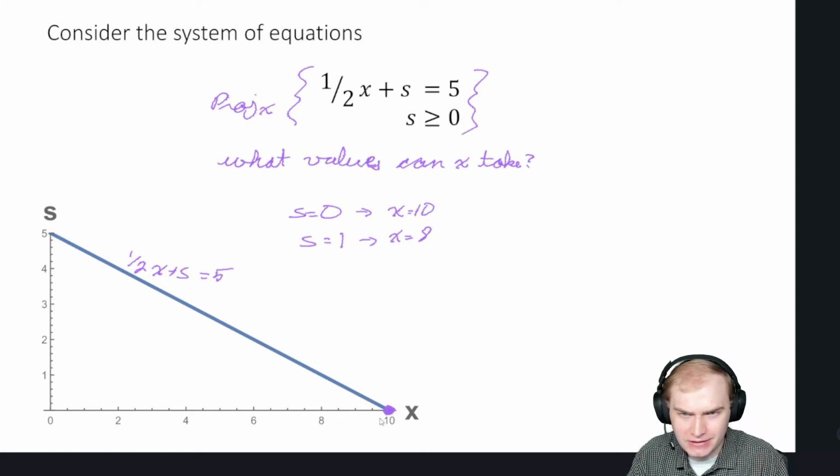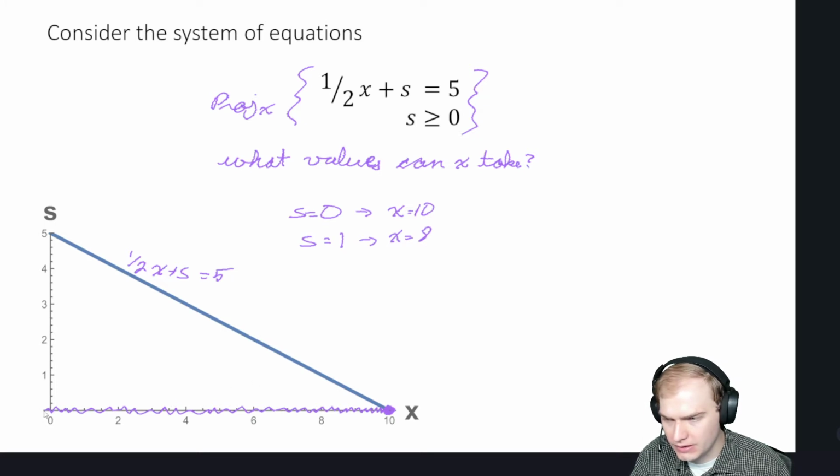So x can take any value less than or equal to 10. And since there's no non-negativity on x in this example, it can go on to negative infinity.